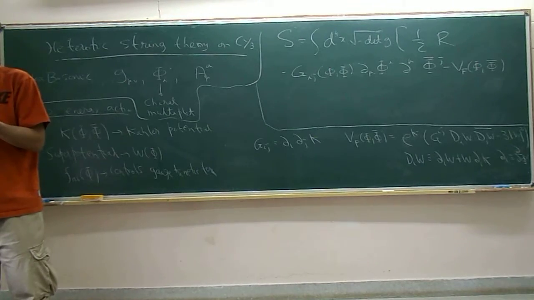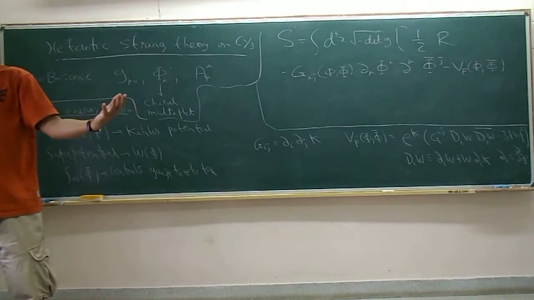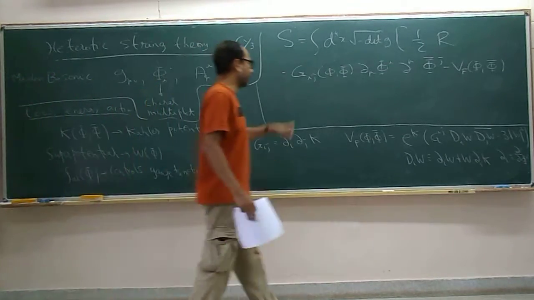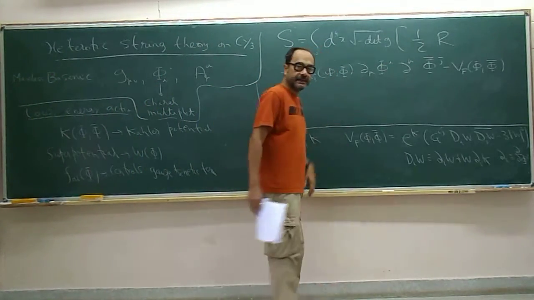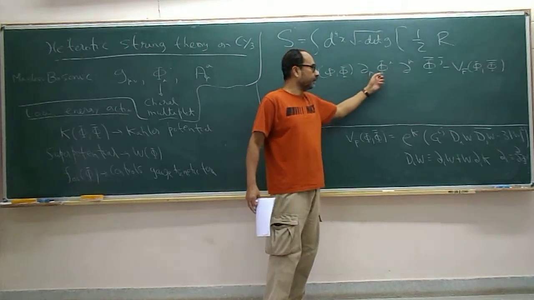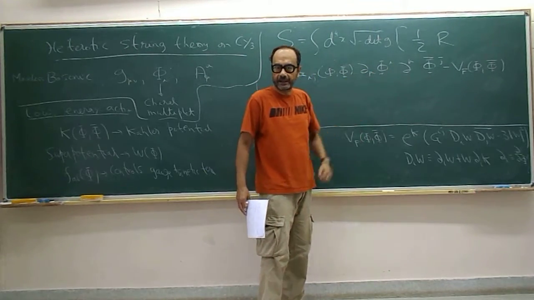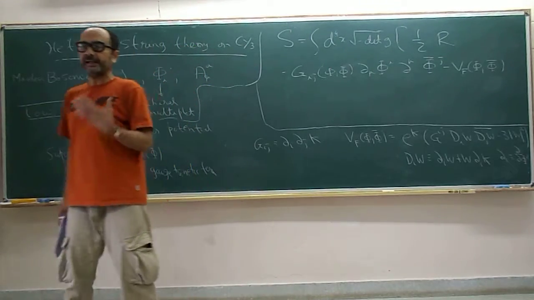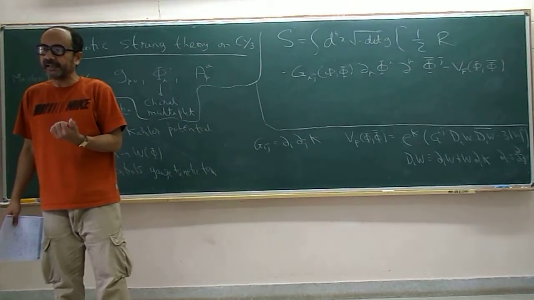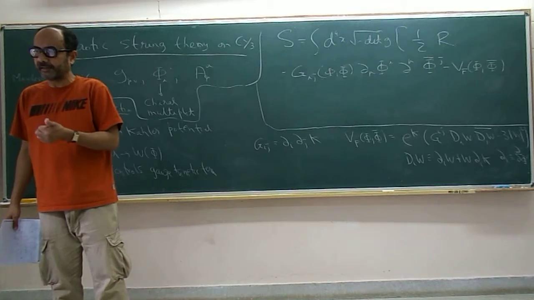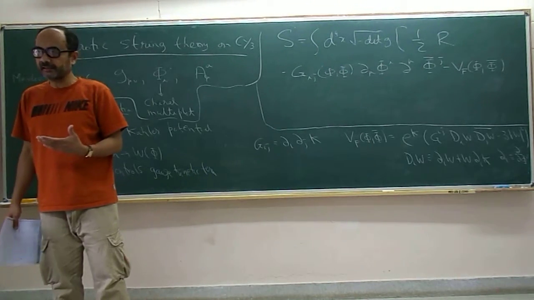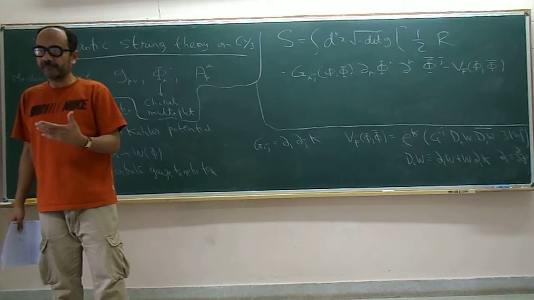Why Killing vector? Because the Lagrangian is gauge invariant, the metric better be gauge invariant. The metric G_i j-bar, in order that this is gauge invariant, this better be gauge invariant, right? These of course will be replaced by D mu, the gauge covariant derivative. So we need a set of Killing vectors for every generator. We have to specify what is the Killing vector on the manifold that gives the action of that generator. Is this point clear?